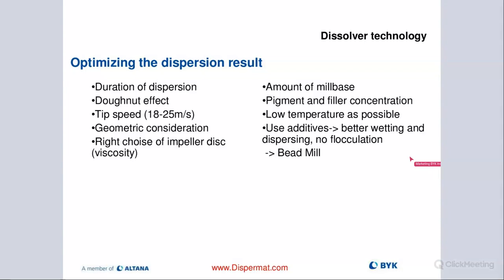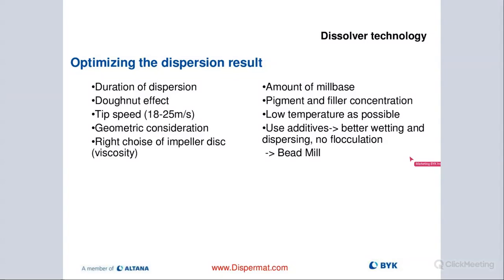For lower viscosities, we want to reduce the blade diameter. There are different types of impeller discs available. You can see on our website, there's a whole range, different arrangements of teeth and designs, also different types of materials. Some people prefer ceramic, DLC coated, or so on. So there's a whole range of different impeller discs.